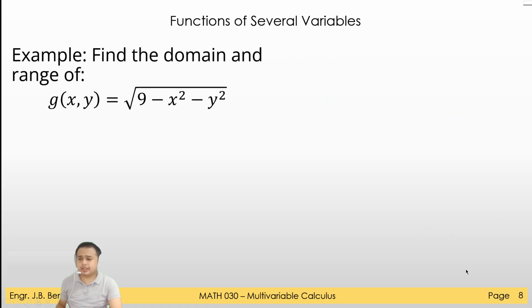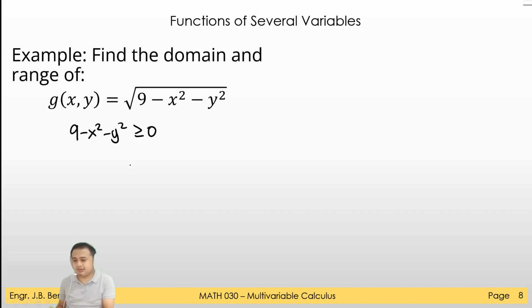Now let's move on and not just find the domain but also find the range. So again, we have this given. If you have a square root, the expression inside the square root should not be a negative number. So 9 minus x squared minus y squared should be greater than or equal to 0.